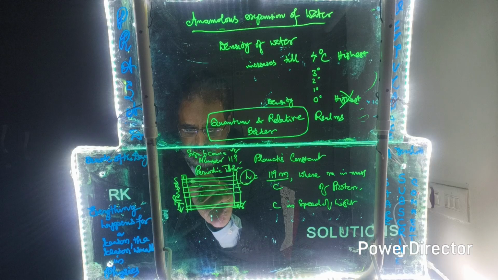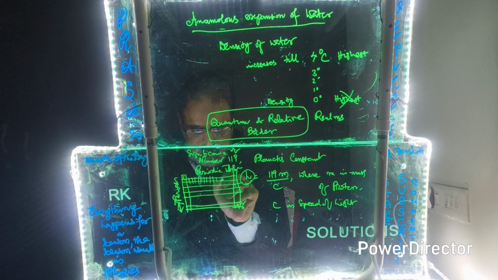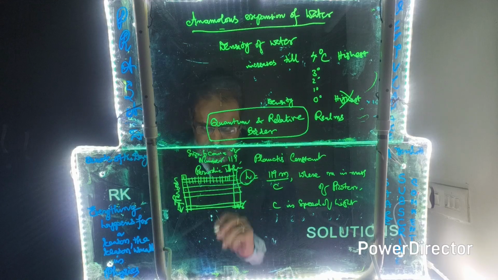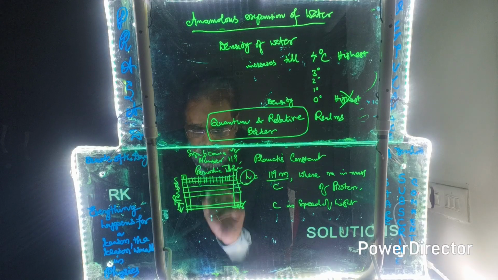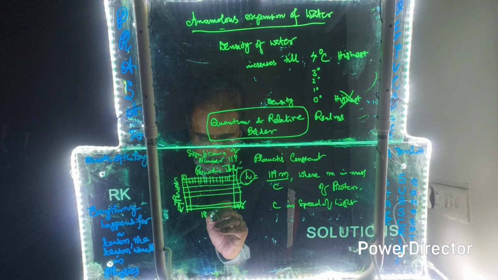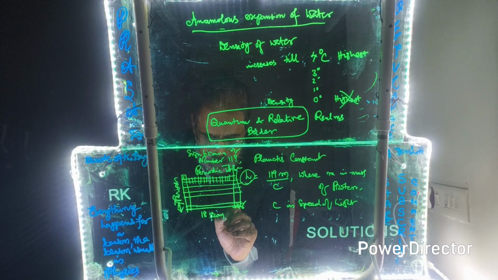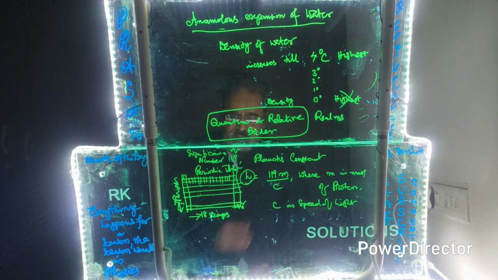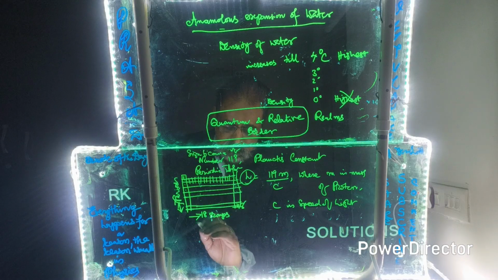Here we had 2, 3, 4, 5, 6, 7, 8, 9, 10, 11, 12, 13, 14, 15, 16, 17, 18. These are 18 groups. Periods go down, groups go from left to right.